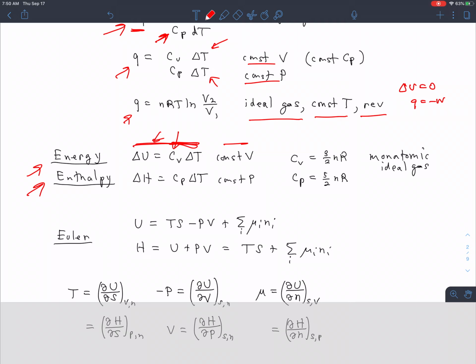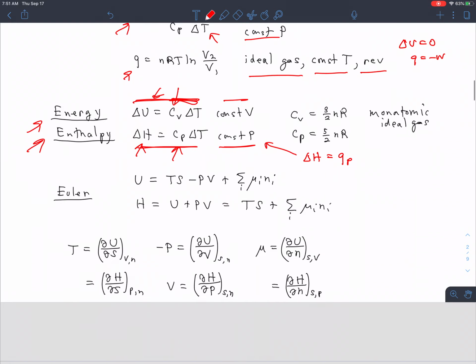If it's a constant pressure process, then the heat capacity gives you the enthalpy change instead of the energy change. It basically subtracts off work effects so that you just get the heat. Remember also, I didn't write it here, but delta H is equal to the heat change for a constant pressure process. So this is just the heat change.